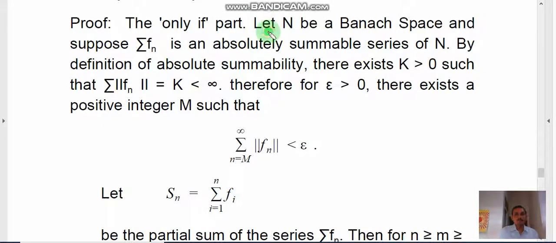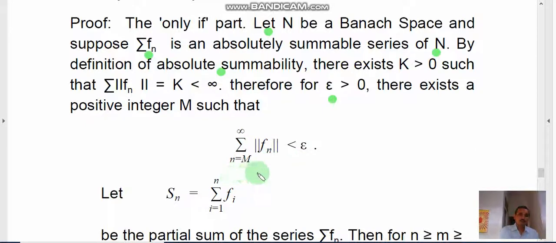In the only if part we suppose that N is a Banach space and that summation Fn is an absolutely summable series of N. By the definition of absolutely summable series, there exists k greater than 0 such that summation of norm Fn, n varying from 1 to infinity, equals k, which is less than infinity because this is absolutely summable. Therefore, for epsilon greater than 0, there exists a positive integer m such that summation n equal to m to infinity norm of Fn is less than epsilon.